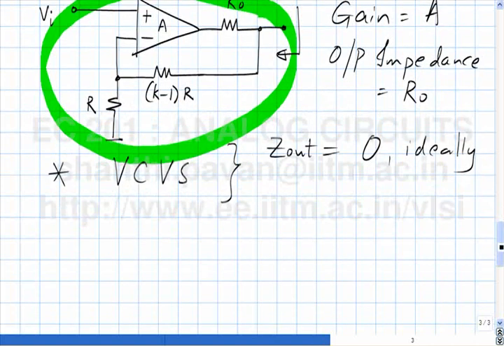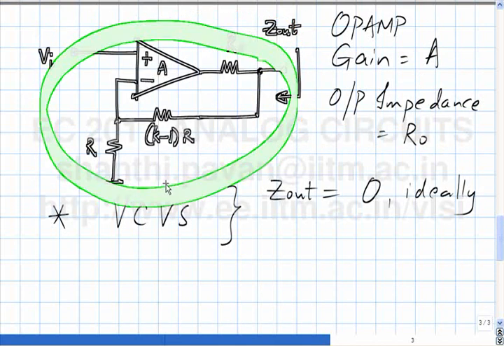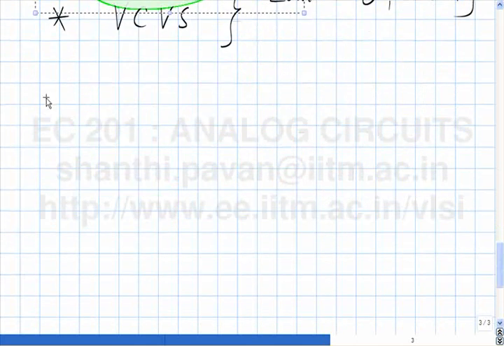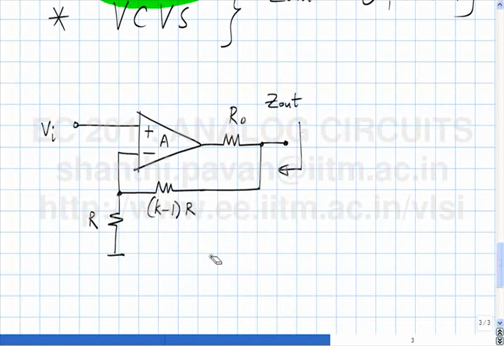So what will you do? You de-energize the independent source, alright, and then what would I want to do?